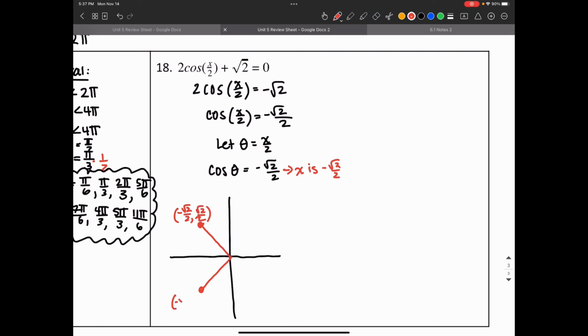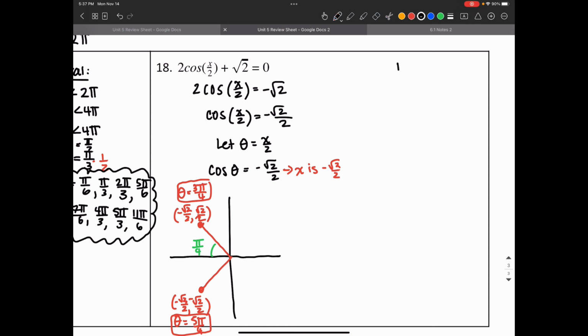And this point here is negative square root of 2 over 2, comma negative square root of 2 over 2. I know they have a reference angle of pi over 4, so this angle up here is going to be 3 pi over 4, and then this angle here is going to be 5 pi over 4. And so I have these two answers.